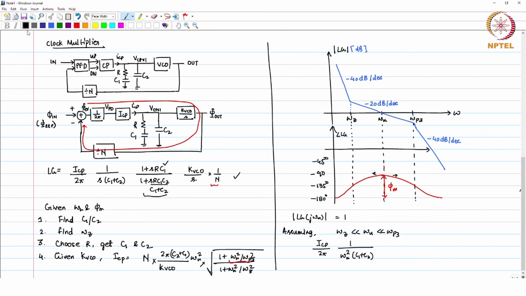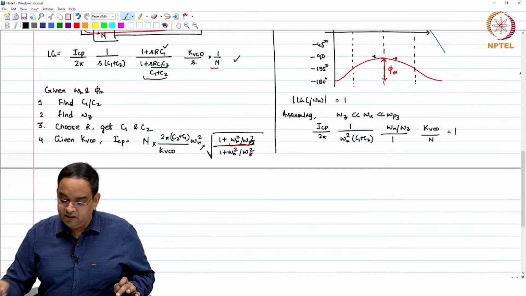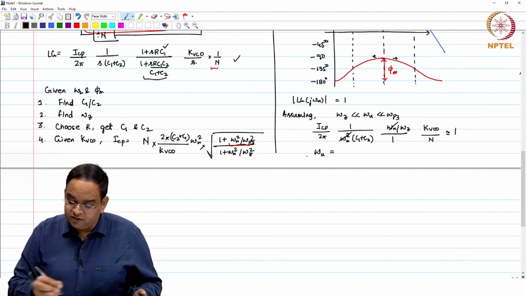If this term dominates, what I am going to get here is omega u by omega z. The denominator is insignificant because our omega u is much smaller than omega p3, times KVCO by N. This is equal to 1. So, to a simple approximation, this goes off.